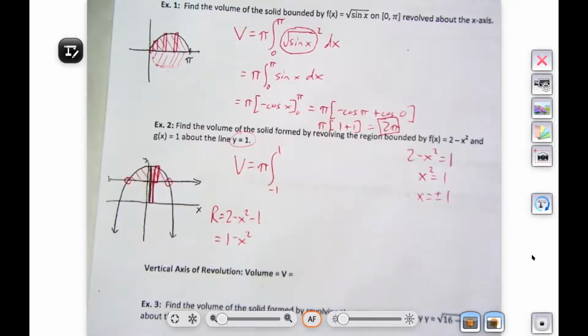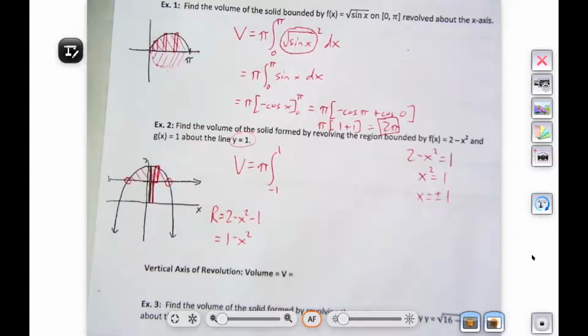If you're ever spinning around a line other than the axes, so if they say spin around y equals 1, spin around y equals 2, spin around x equals 3, something other than the axes, your R's are always the function minus the number. Always. Function minus whatever the number is that you're spinning around. Like on this one, if they said spin around y equals 4, the radius would be the function minus 4.